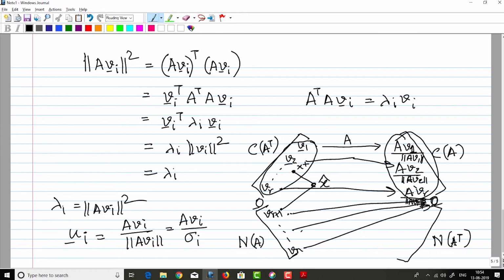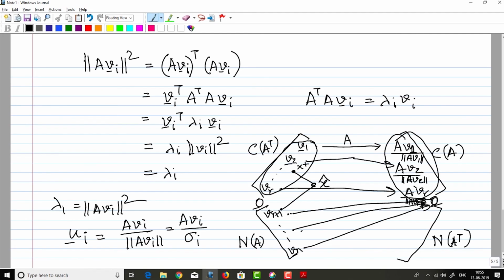So you can choose any vector from the null space and add that to that X cap, and that is your solution. But you have to prove that that X cap, which comes from the pseudo inverse of A, has the least length. That's why that is the best solution.